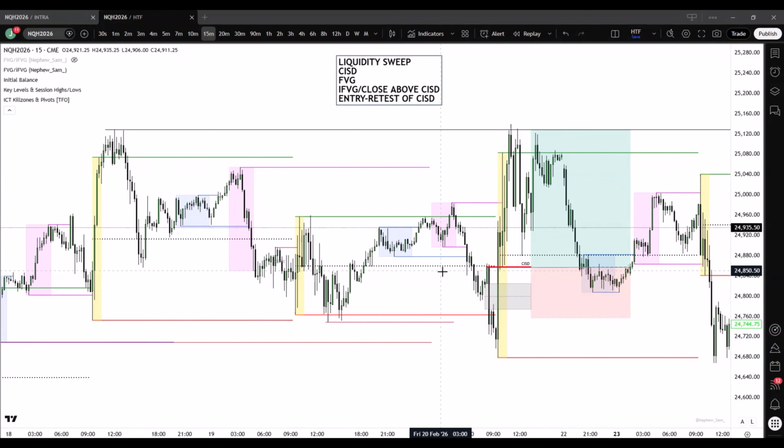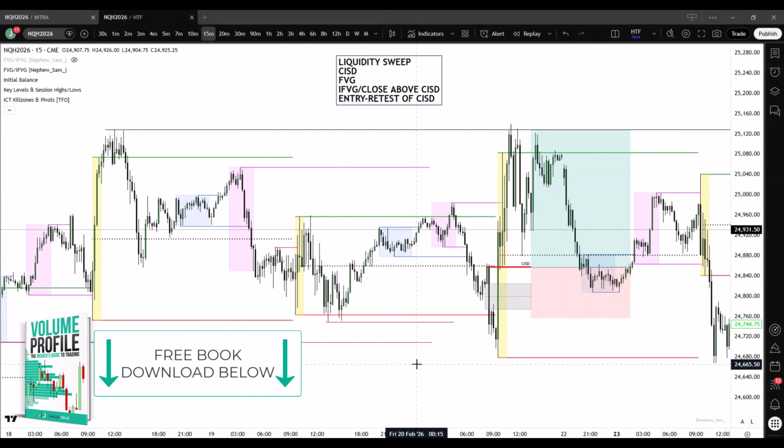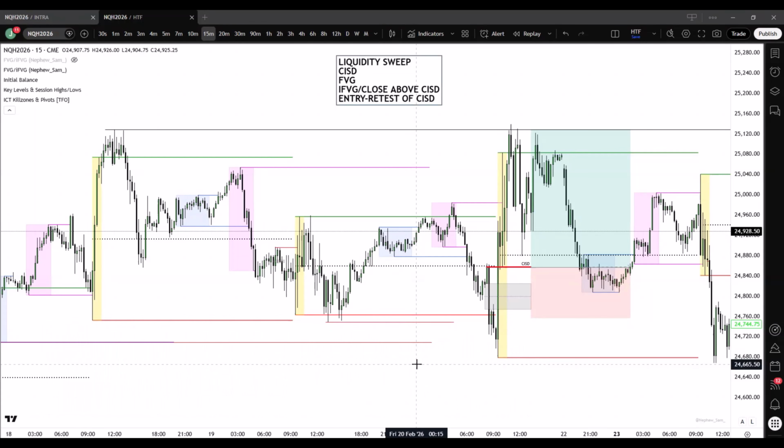So that's the criteria. Write it down if you want. Go into the market and backtest this. Look for exactly this type of scenario, and you'll be surprised how many times you see it. What I like about this is that it's a very simple rules-based trading strategy that newer traders, or anybody, can use.